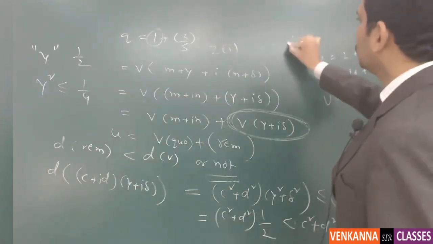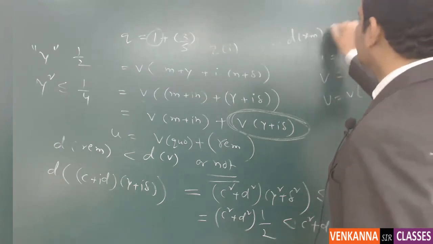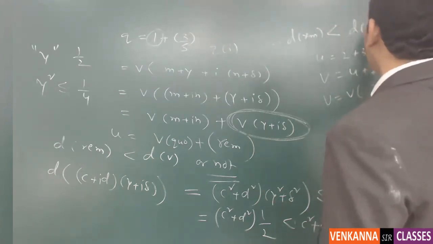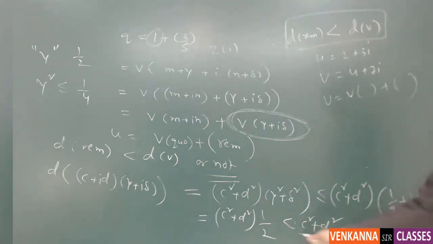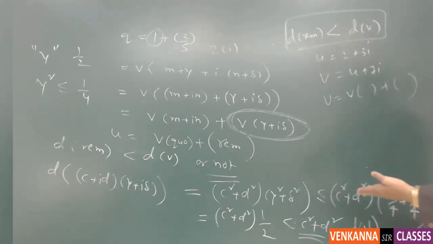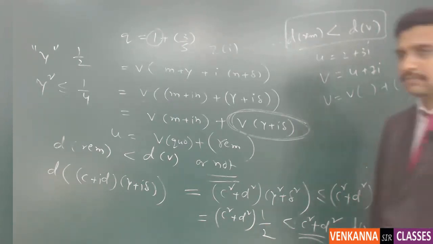Therefore, d of remainder is less than d of v, because c square plus d square is nothing but d of v. Hence, the remainder condition is also satisfied. Hence, it becomes a Euclidean ring. That is the whole idea.